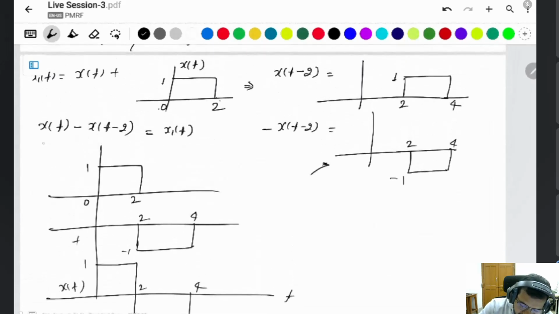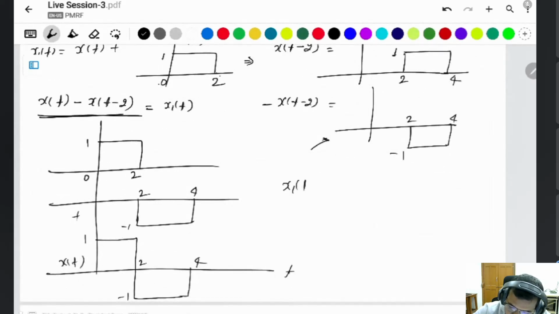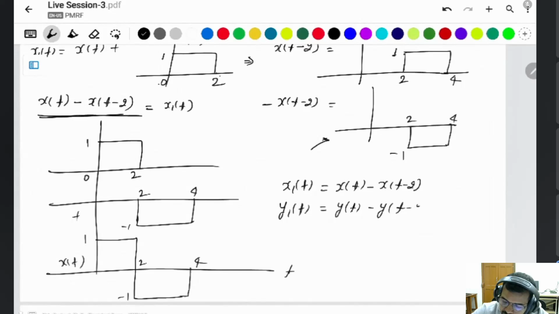And x(t) is this one, x1(t) is x(t) minus x(t minus 2). Then what is the output? Because of the LTI system, y1(t) is y(t) minus y(t minus 2). If you do the same thing, we will get the output from the input provided.